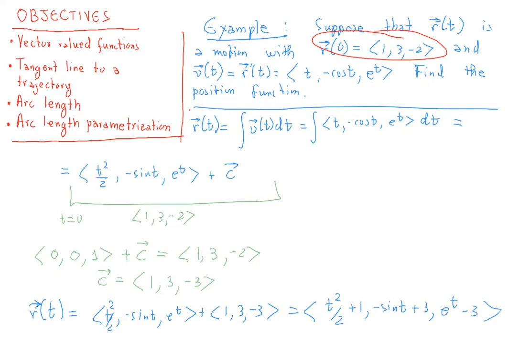The next thing that I would like to describe is how we find the vector equation for a tangent line to the trajectory of a vector valued function. And here's the interesting observation. We should start actually by asking, what's the interpretation of the velocity vector? What exactly does it signify?